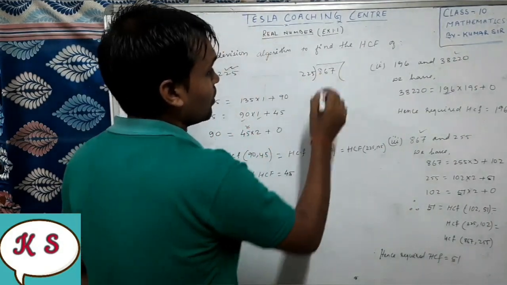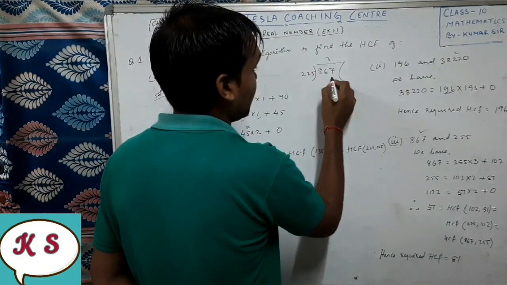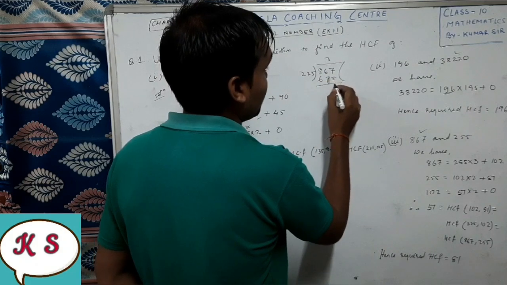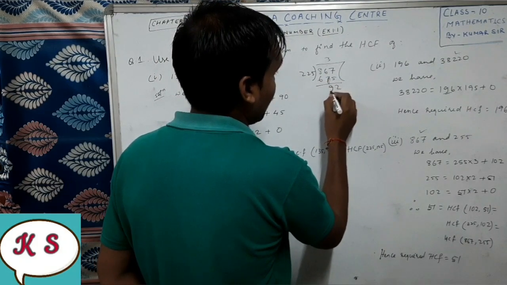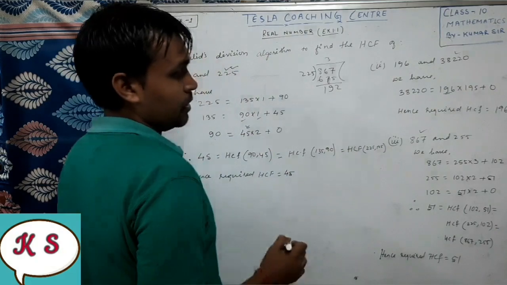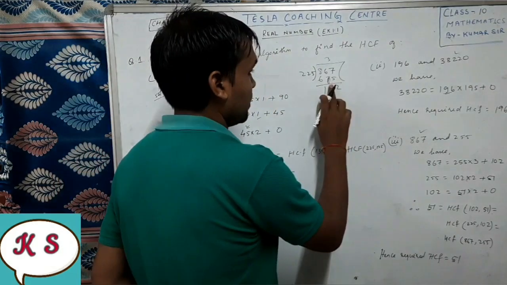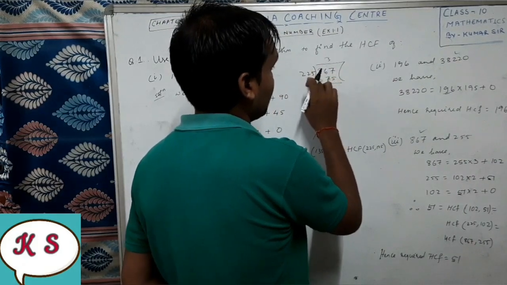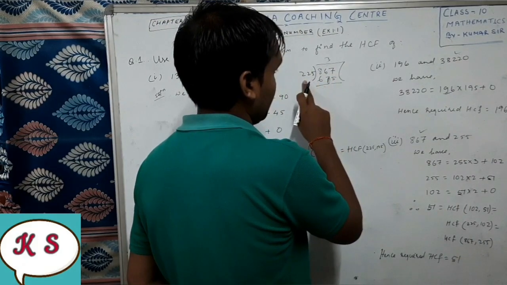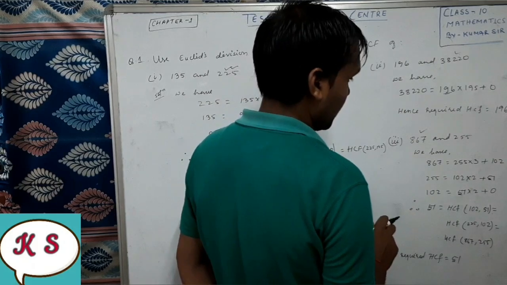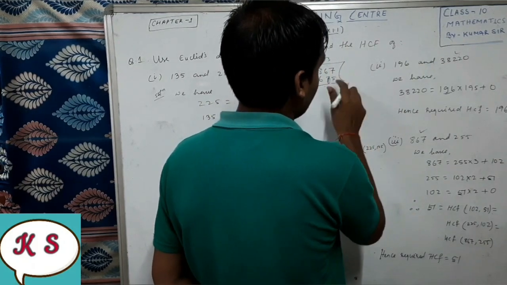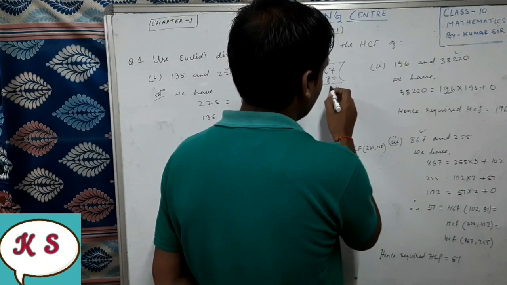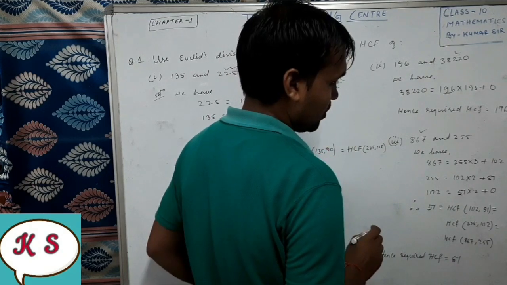How many times will it go? 3 times, you try. 3 5s are 15, 6, 1, 7 and then 6, 75. Here it will be 2, and how is it coming 0?